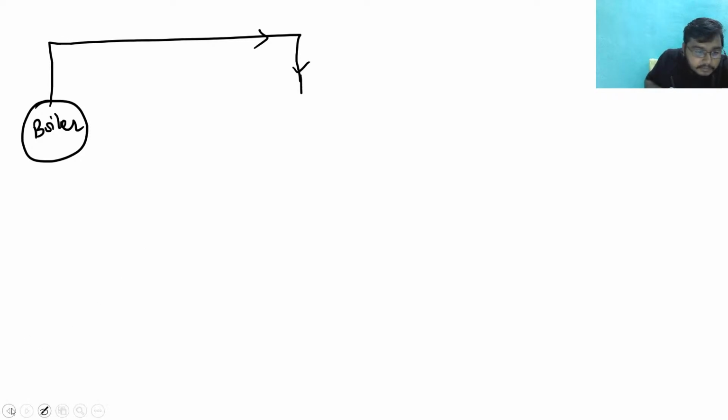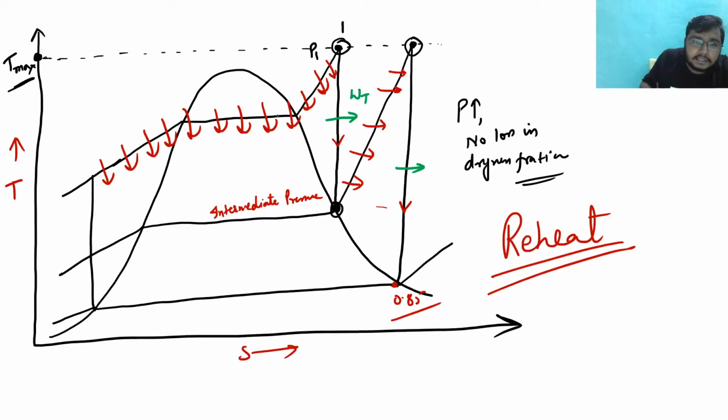See here, this is the high pressure line. This is P1 and this is P2. It is known to us that P1 is greater than P2. P1 is high pressure, so high pressure can be handled by the high pressure turbine, and P2 is at a lower pressure, an intermediate pressure, so the low pressure turbine can handle this.